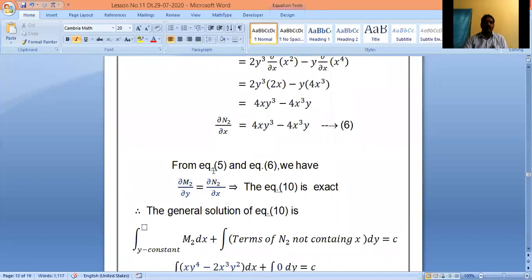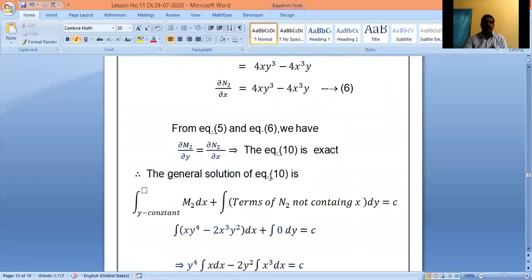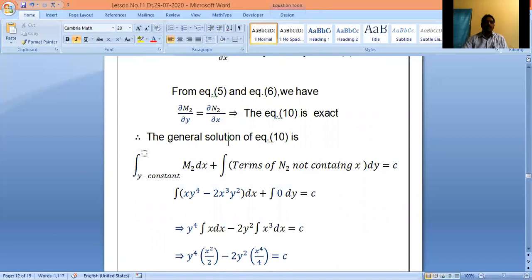From equation 5 and 6, we have dou M2 by dou y is equal to dou N2 by dou x. That implies the equation 10 is exact. Therefore, the general solution of equation 10 is integrating M2 dx, treating y constant, plus integration of terms of N2 not containing x into dy is equal to c.